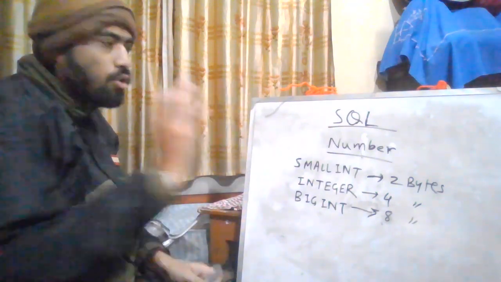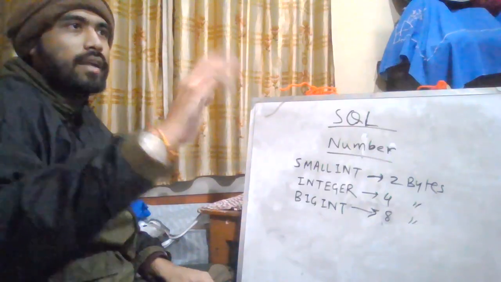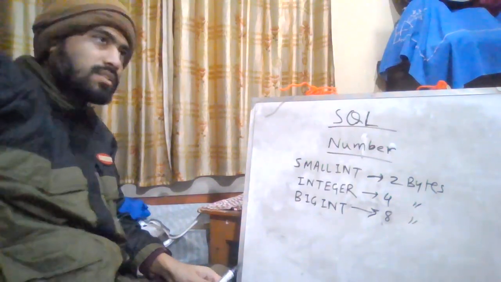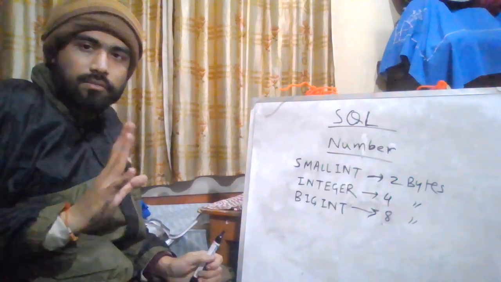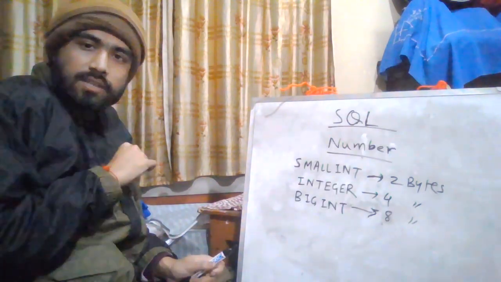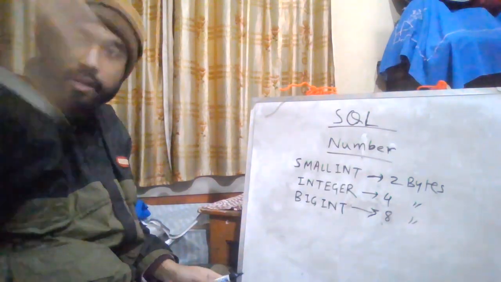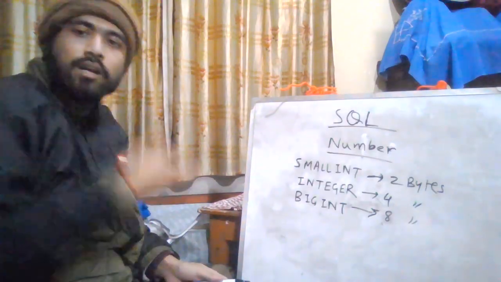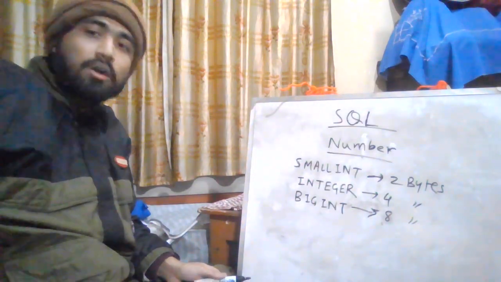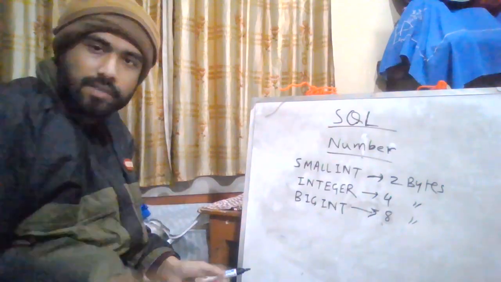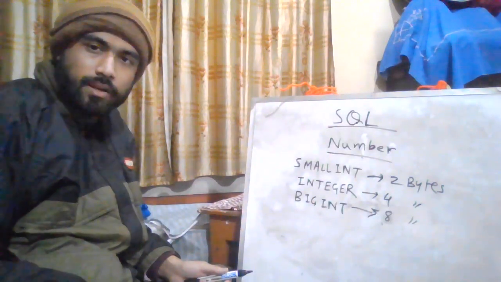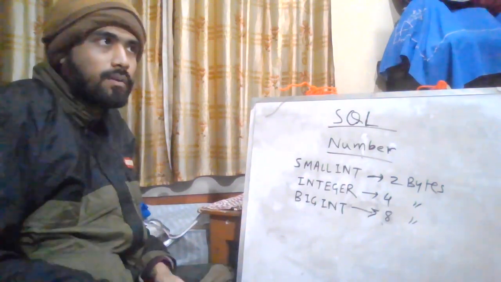So small int can hold up to 32,000 something. It is from minus 32,768 to plus 32,767. Why is it 68 in negative and 67 in positive? Because there is 0 also there. 0 is also a number.